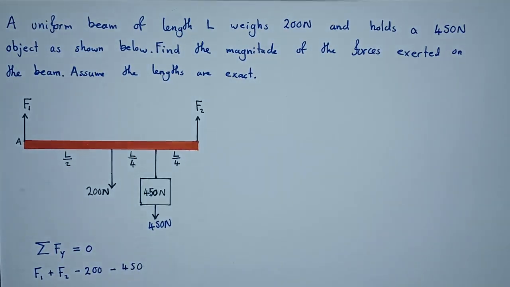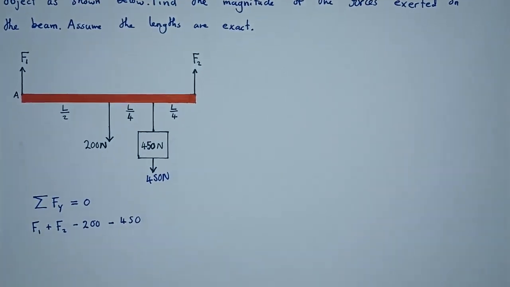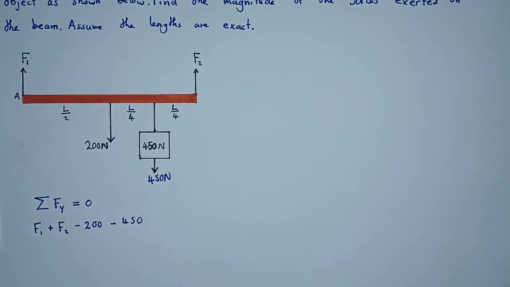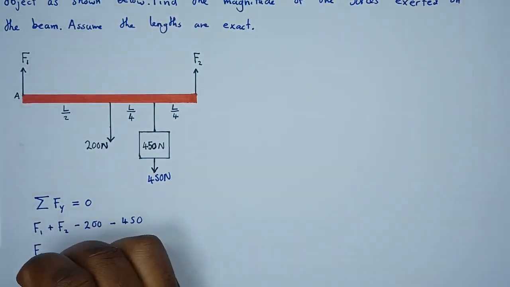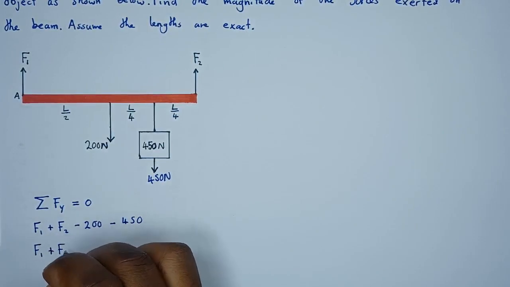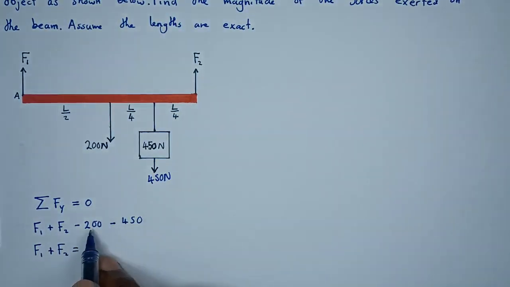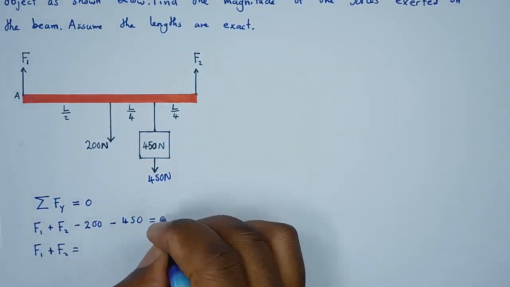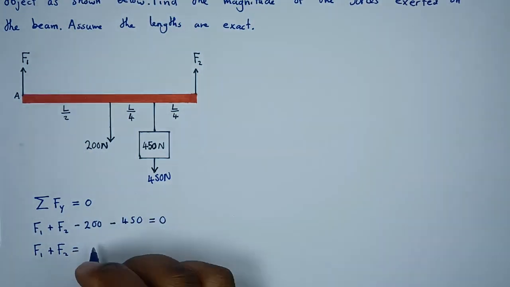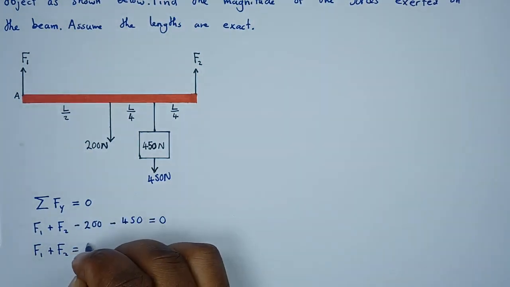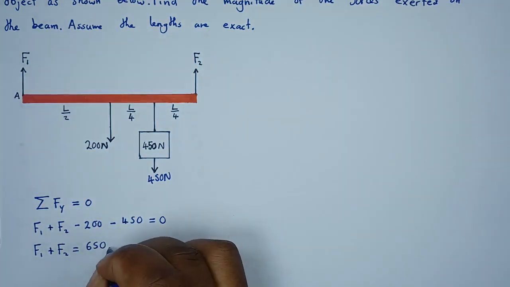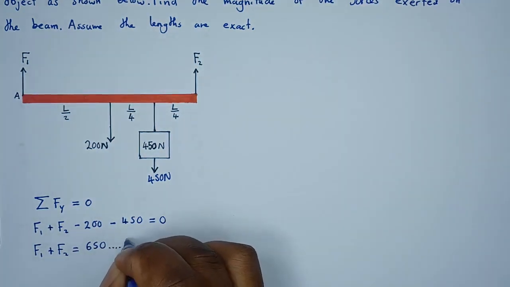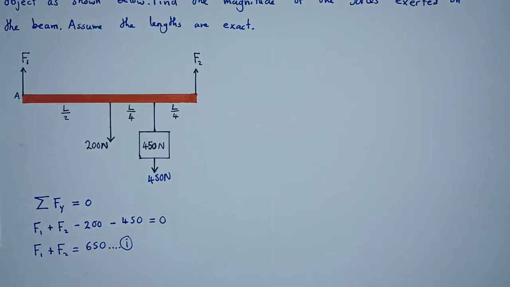So at this point, we can simply say F1 plus F2 is equal to, sorry, this is equal to 0. Both of these negative forces can go to the other side of the equation and give us a positive 650. Let's consider this to be equation number 1. We'll come back to it.